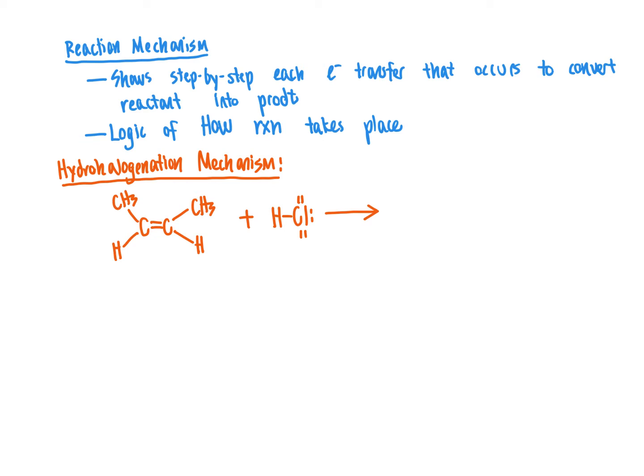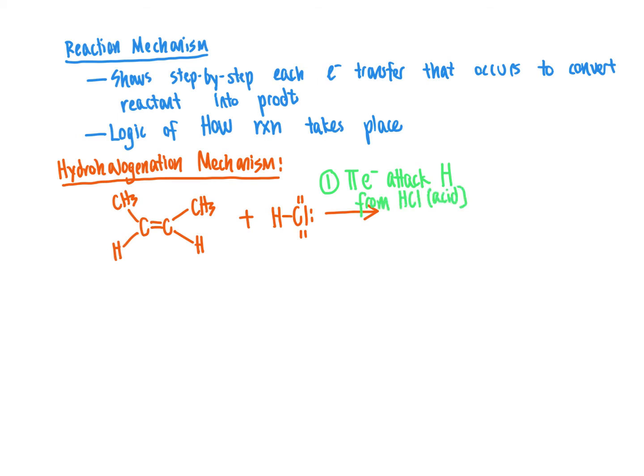What happens in the hydrohalogenation mechanism, if we want to describe it in words, is that the pi bond is mobile and pi bonds react with acids. And so the pi electrons do what we call attack the proton from HCl, the acid.